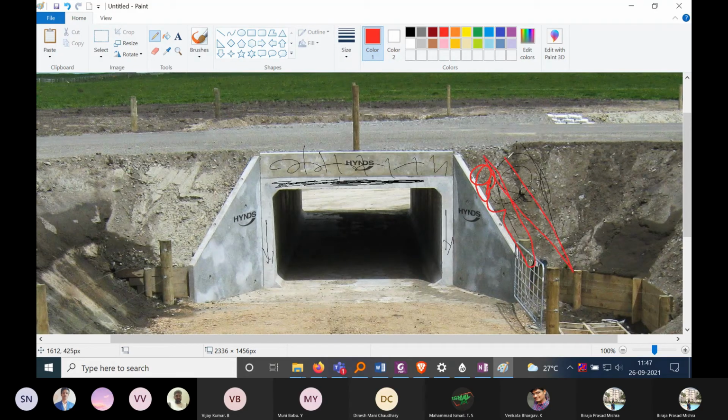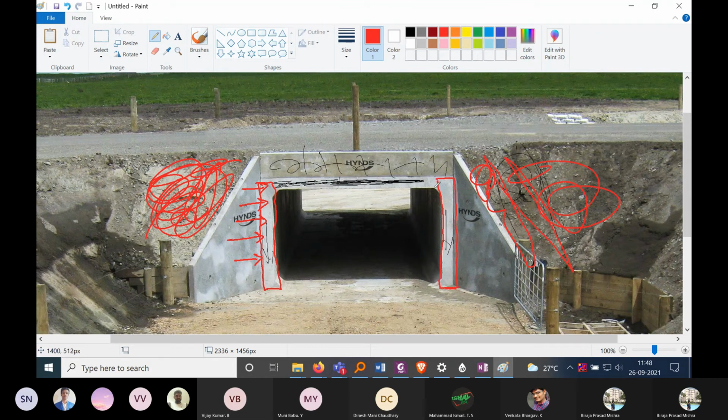Definitely this soil will also put some kind of forces on the vertical side wall. On this vertical side wall, we will have the forces also.